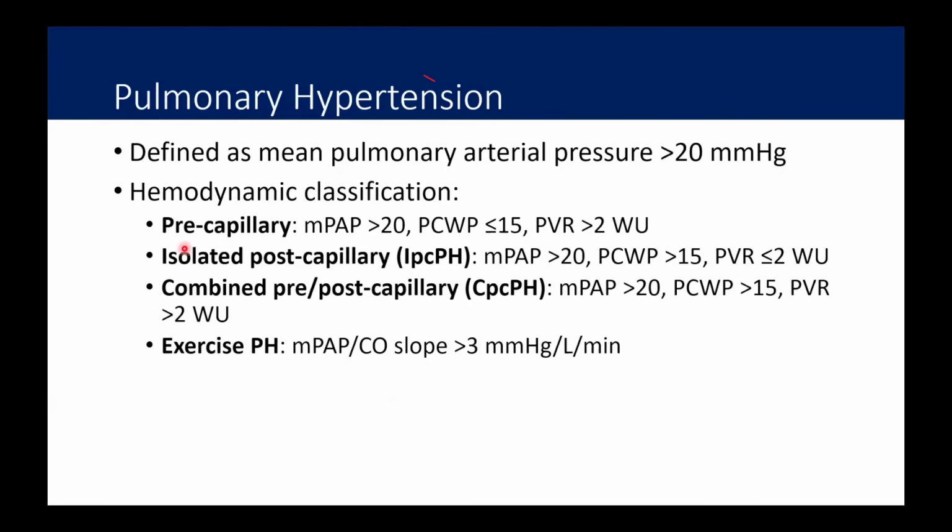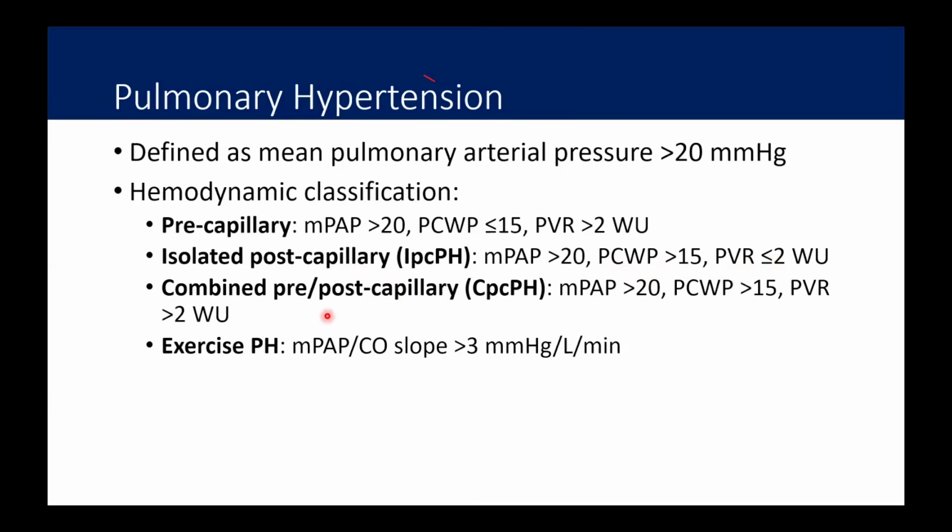And then hemodynamically, you can further divide them into precapillary pulmonary hypertension, defined as a wedge pressure of 15 or less and an elevated PVR greater than 2 Wood units. Isolated postcapillary pulmonary hypertension is defined as a wedge pressure greater than 15 with normal PVR of 2 Wood units or less.